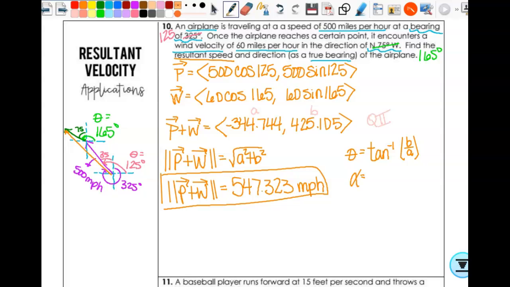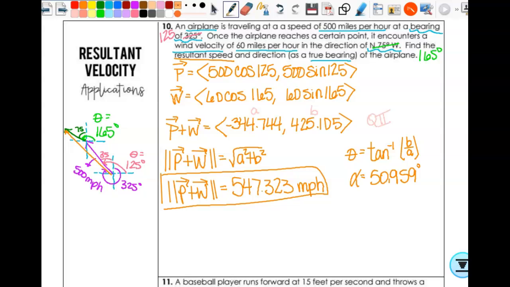What do you get for alpha? 50.959. But is that what your calculator says? No, your calculator says negative, right? So what do you do with that? Multiply by -1. So we can keep everything with alpha, and then everything you have is consistent, okay?